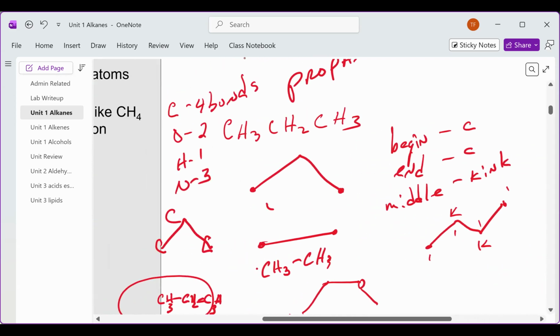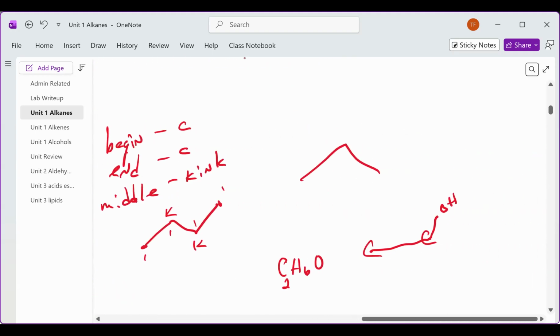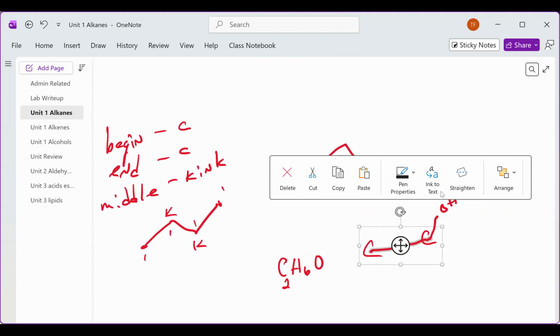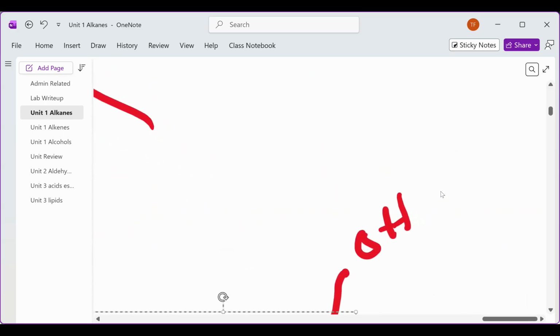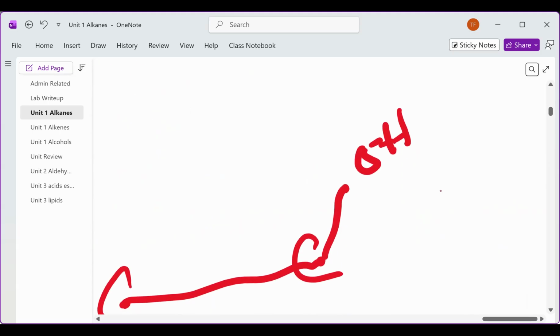I'm drawing Lewis dot structures. So this is one bond here, and that's the other bond. Now, oxygen can have two singletons or one double.